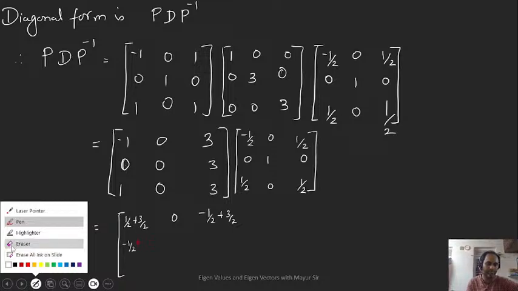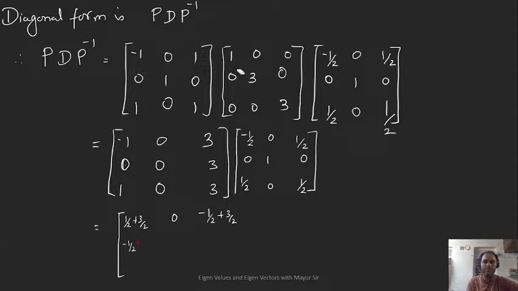Okay. This is 1. You need to do the multiplication also. So this is 1 0 minus 1, this is 0 3, this is 0, this is 3, then this is 0, here it is 0. Okay, 0, and here it is 3.